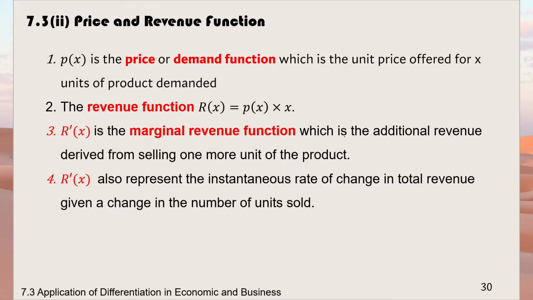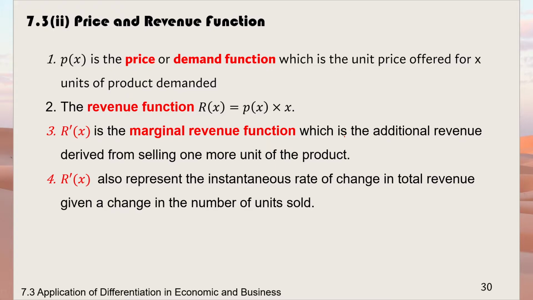Okay, now finish our cost, we go for our price and revenue. Okay, Px is the price or demand function, which is the unit price offered for x unit of the product demanded. Revenue or the money you get actually is the price multiplied with the unit you sell.